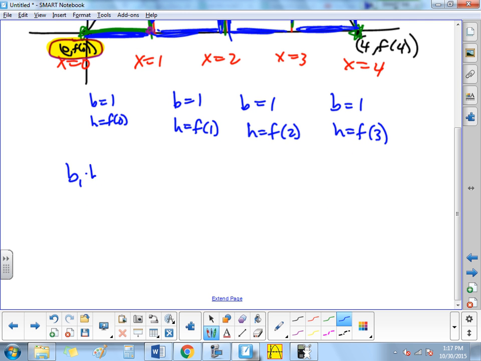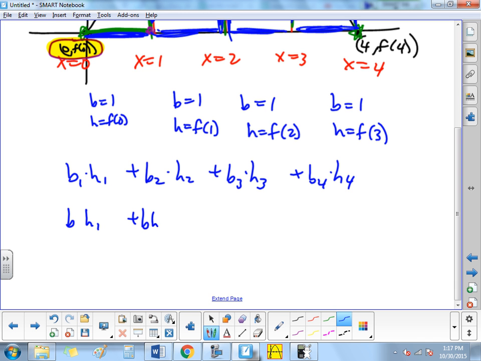Base 1 times height 1 plus base 2 times height 2 plus base 3 times height 3 plus base 4 times height 4, and all the bases just happen to be 1. So I'll just put BH1 plus BH2 plus BH3 plus BH4 because all my bases happen to be the same, which is usually how I design these problems. I try not to use different bases if I can help it.